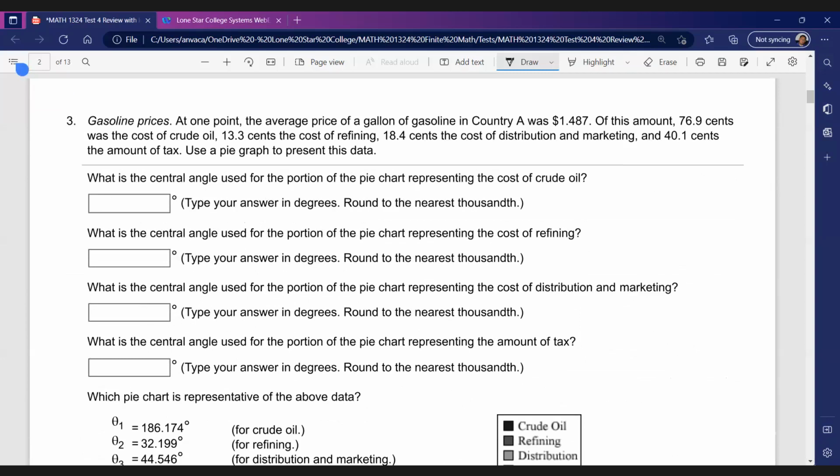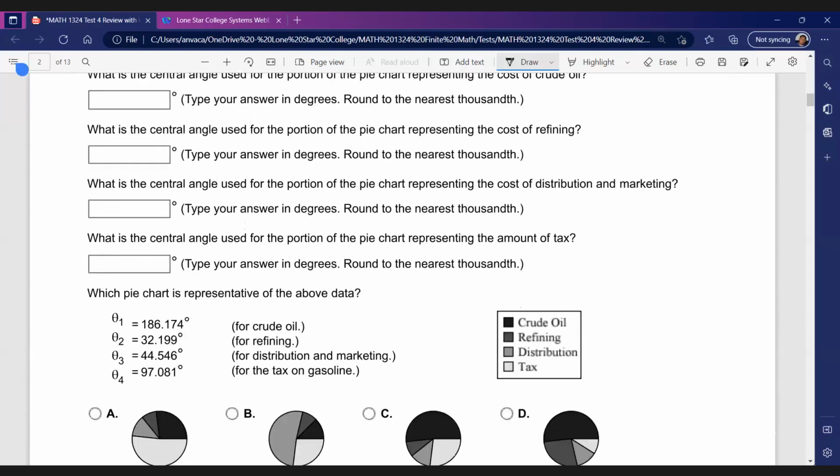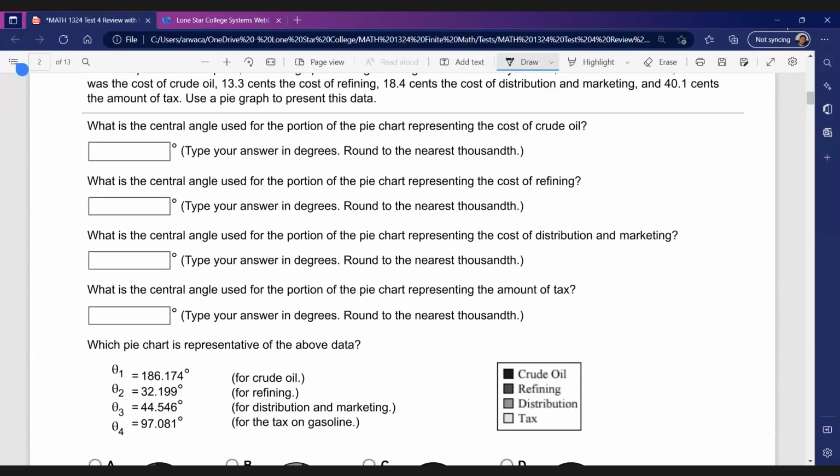Of this amount, 76.9 cents was the cost of crude oil, 13.3 cents was the cost of refining, 18.4 cents the cost of distribution and marketing, and 40.1 cents the amount of tax. Use a pie chart to represent this data. But I think before we get there, we have to come up with some numbers. I think they're even telling us some numbers here.